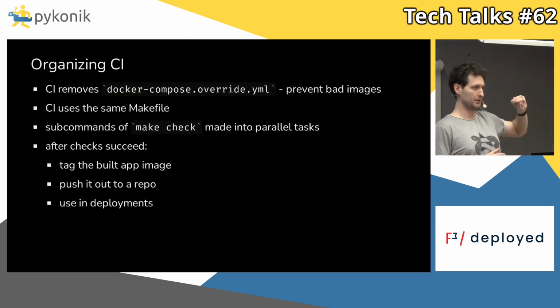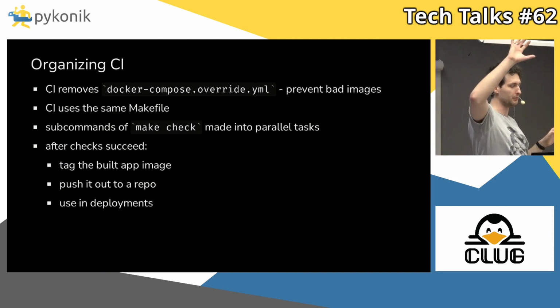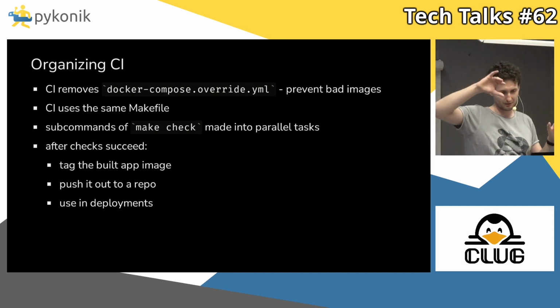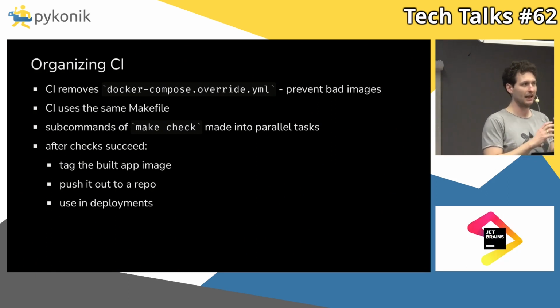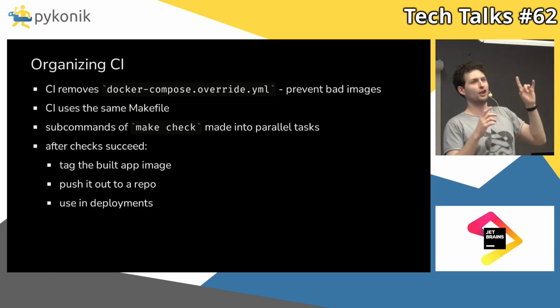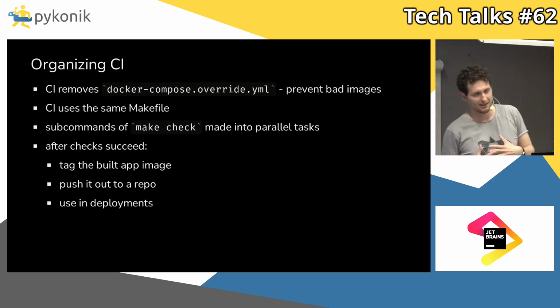In the case of an application like that, if you run your tests, the tests are going to build a Docker image. If the tests pass, you should tag that image, push it into a repo, like your company's Docker image repository, and use that in deployment. Don't rebuild images on every deployment, for example.